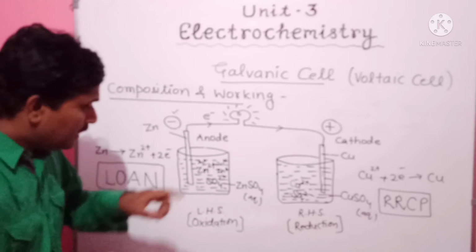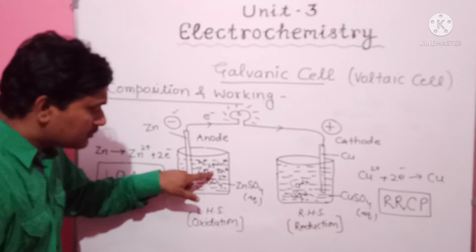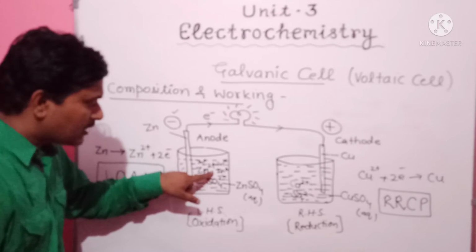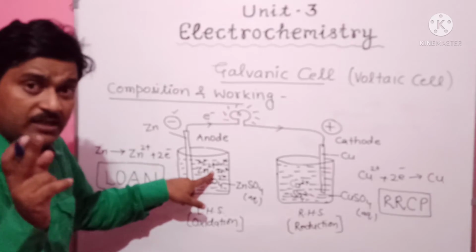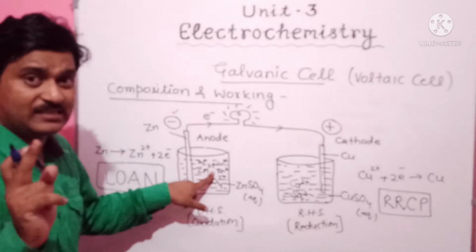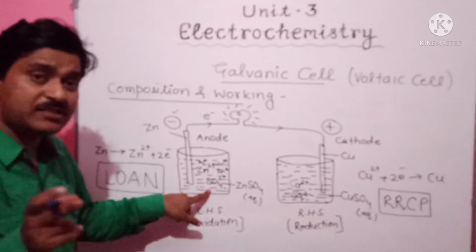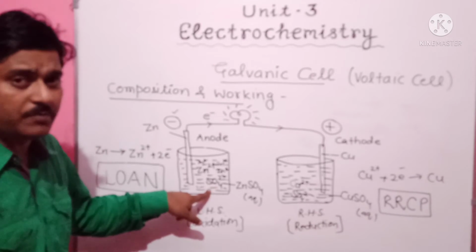So the amount of positive charge here increases and negative charge decreases because sulfate ions are not formed.